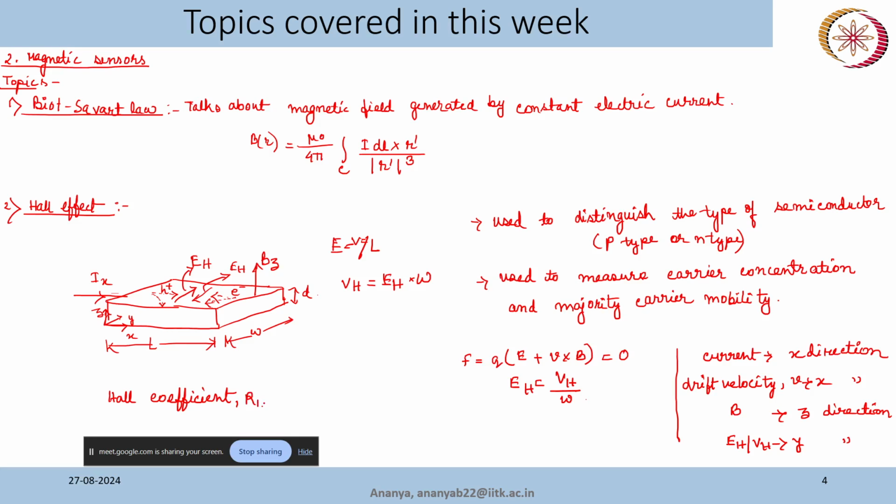RH, that is defined as VH D by Ix into Bz, which is also equal to 1 by Ne or 1 by PQ.